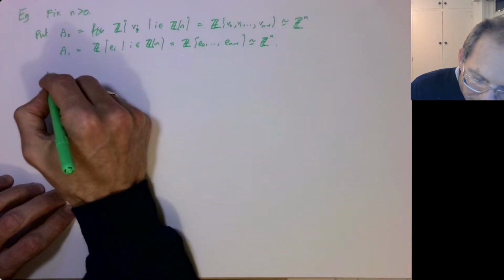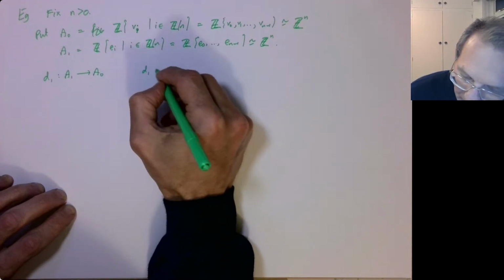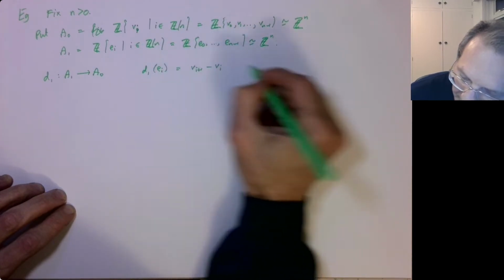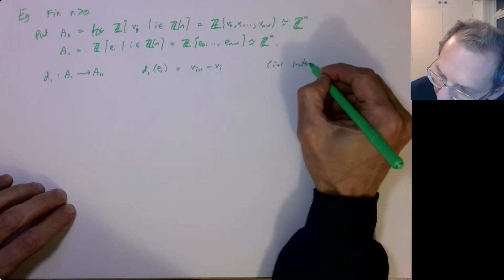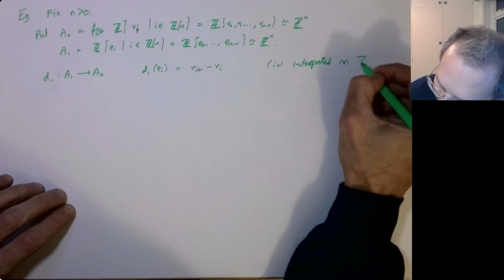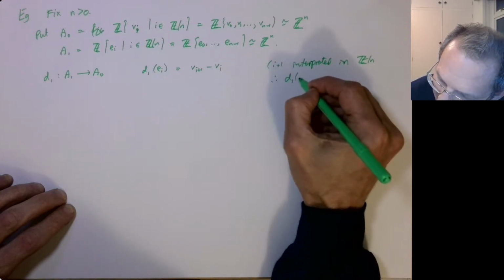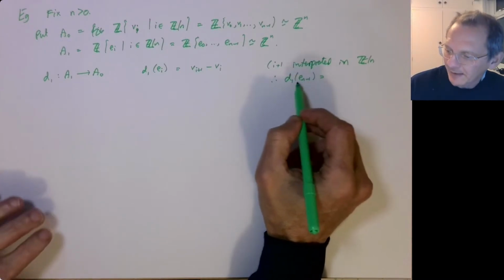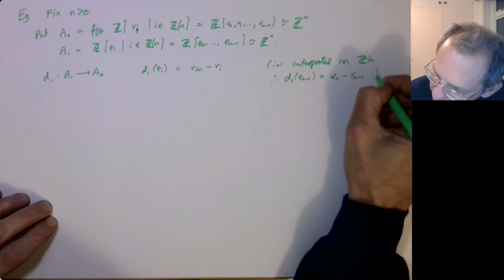And my D1 from A1 to A0 is given by D1 of E_i is going to be V_{i+1} minus V_i, where i+1 is interpreted in Z mod n. So D1 of E_{n-1}: you add 1, you get n, but n is 0, so that's V0 minus V_{n-1}.